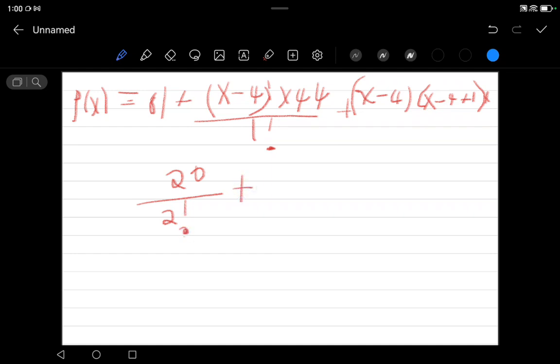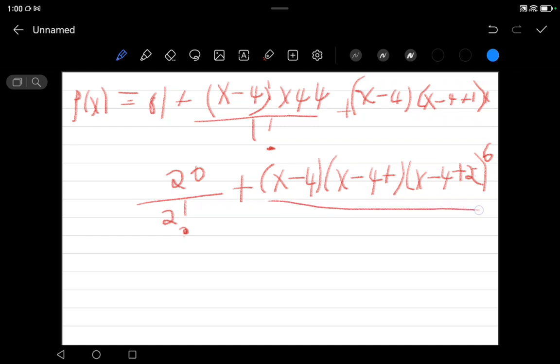Plus the third one is going to be x minus 4, x minus 4 plus 1, x minus 4 plus 2, multiplied by the coefficient of backward cube f, which is 6, all divided by 3 factorial. The fourth one is 0, because we multiply by 0, and any number multiplied by 0 is 0. And then from here, we're going to simplify, guys, okay?